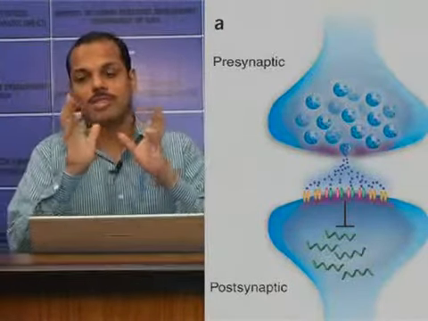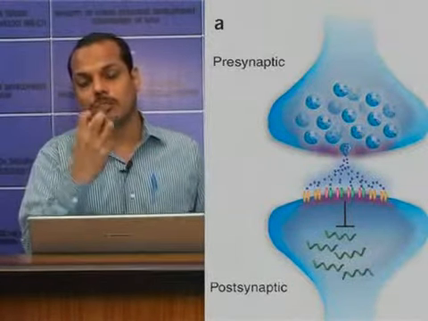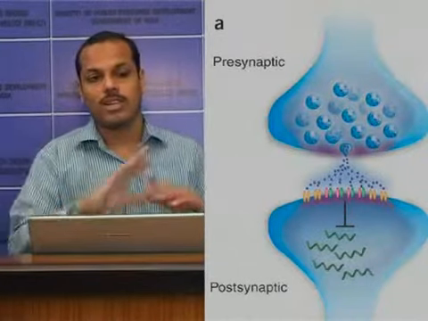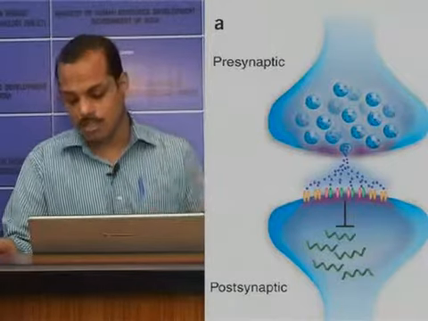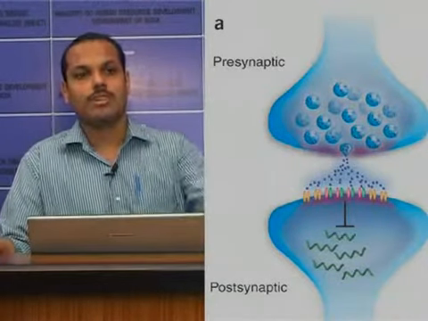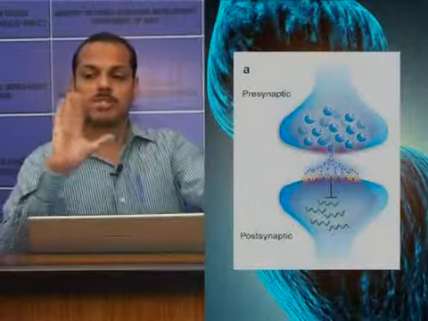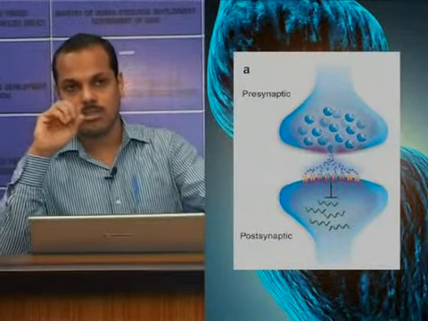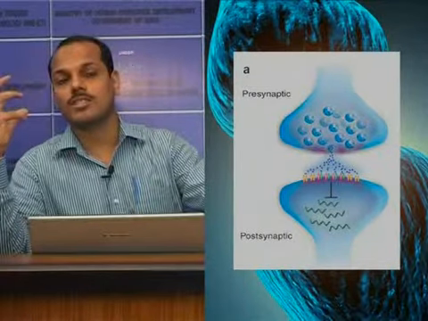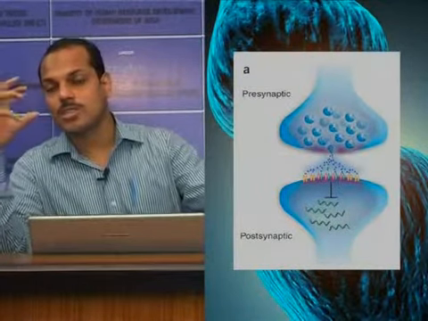It causes the vesicles containing the chemical transmitters to rupture, and the chemical transmitter is released into the synaptic cleft. Then the chemical transmitter combines with the receptors on the postsynaptic membrane.